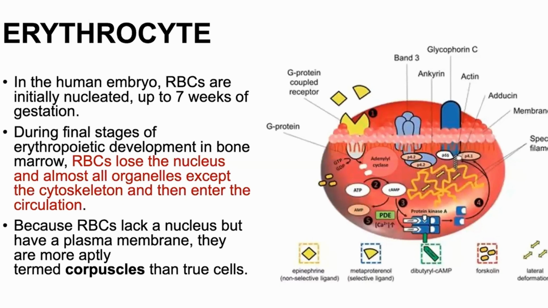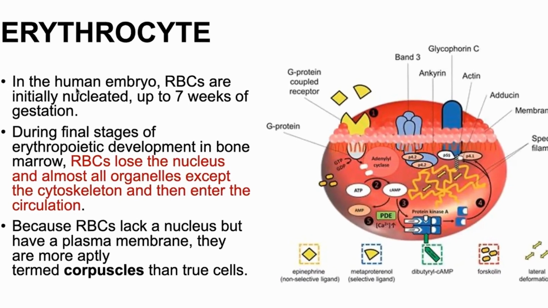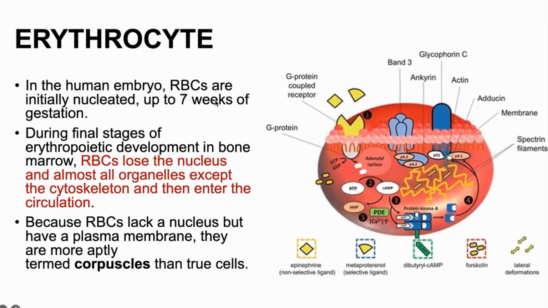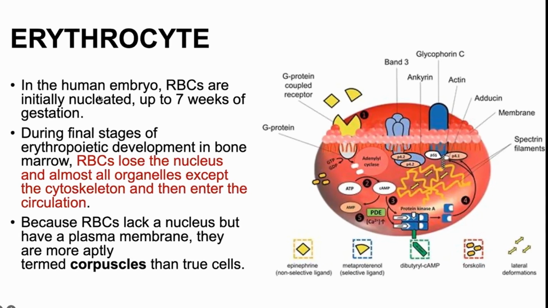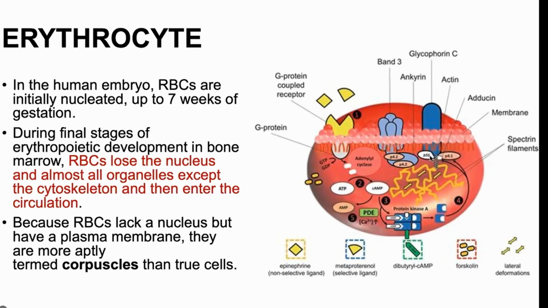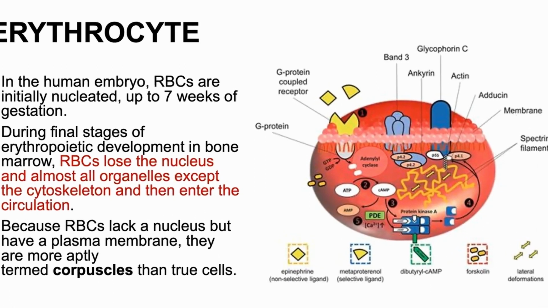So in terms of the structural component of it, initially, as I said, it has a nucleus. It's nucleated, and during the development, not necessarily your development, but at some point it is nucleated. During the regeneration of, for example, an erythrocyte, you usually have a stage where you have the reticulocytes.